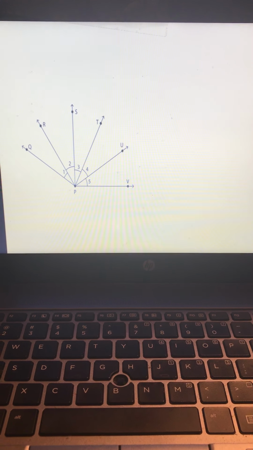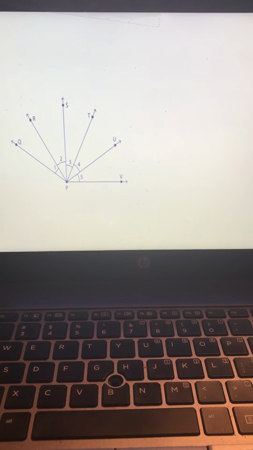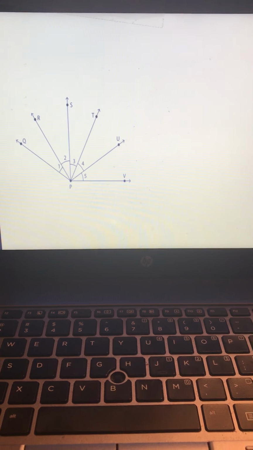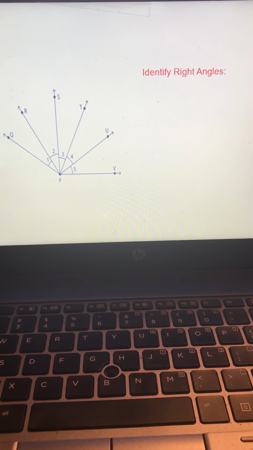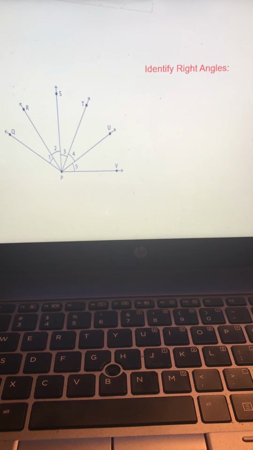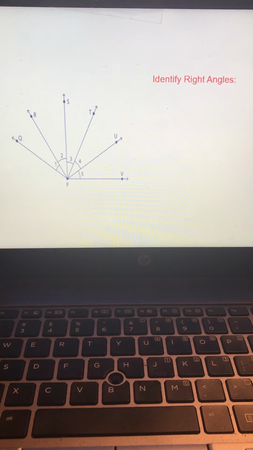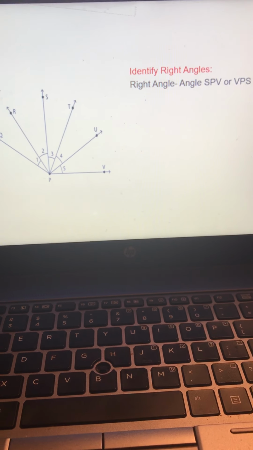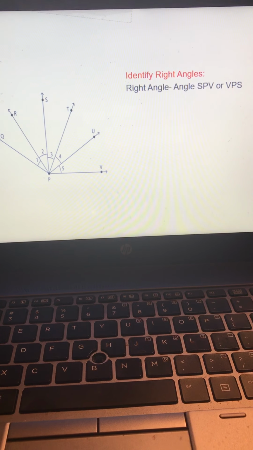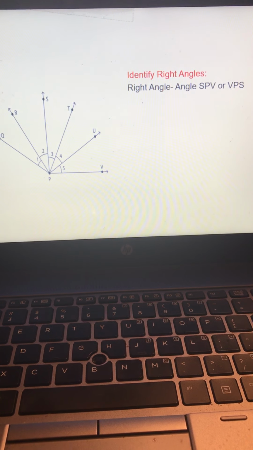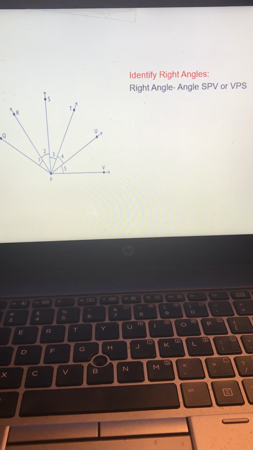Here we have various different angles, and I'm going to show you how to name those angles. The first type we're going to identify is a right angle. An example of a right angle here, we have angle SPV or VPS.